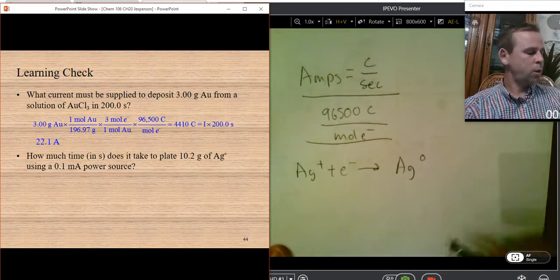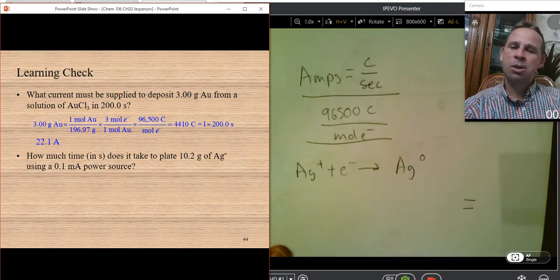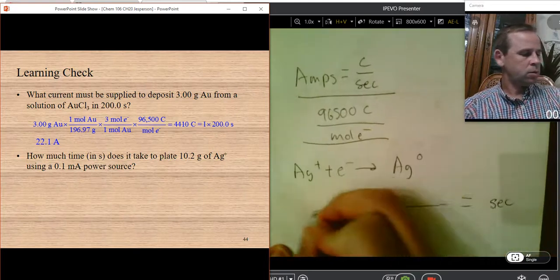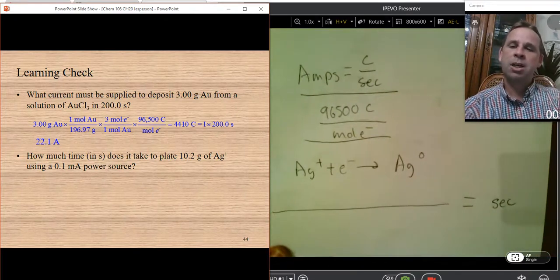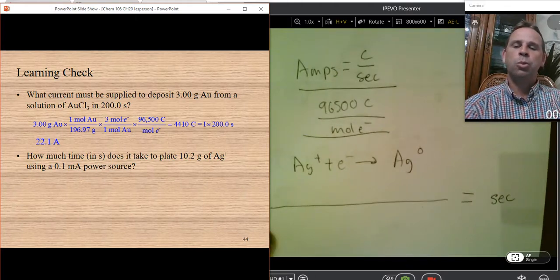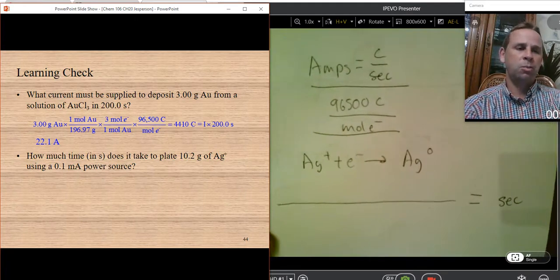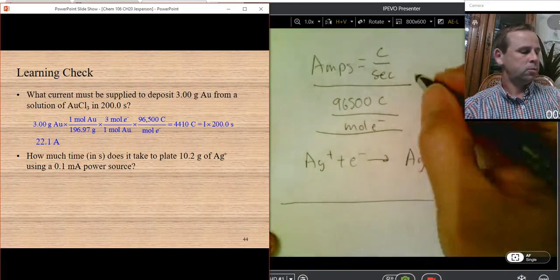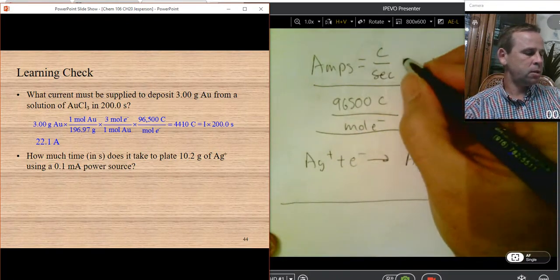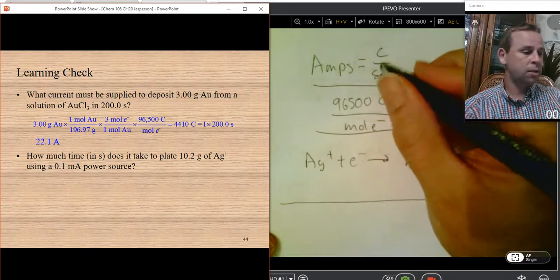So to the right of your equal sign, it says how much time, seconds. So I'm looking for seconds here. I want to know how much time it takes to plate 10.2 grams of gold using 0.1 milliamps. Now, 0.1 milliamps, you can think of it as millicoulombs per second.